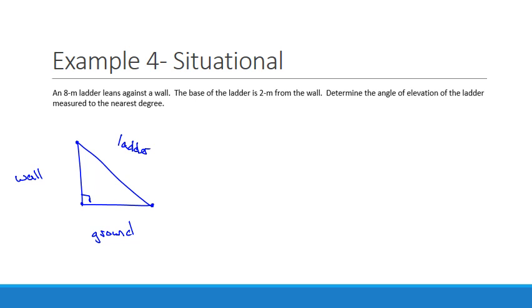However you want to label things, this could be G for ground, but then I don't know what you want to name the ladder. So I'm just going to go A and B. I'm not going to overthink this. I know where everything is now. So it's an 8-meter ladder, so that means this would be 8. And the base of the ladder, the bottom part of the ladder, is 2 meters from that wall, so that would be 2. And then we're looking for the angle of elevation again.